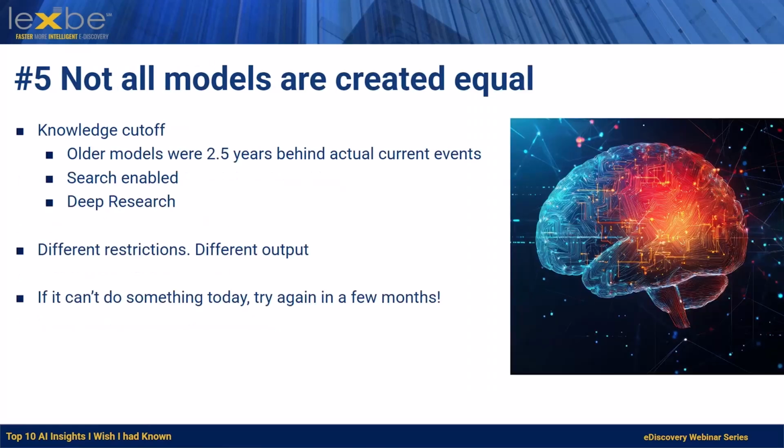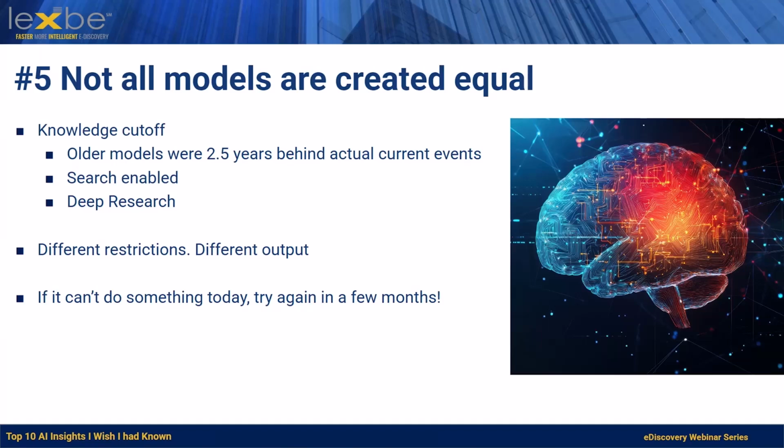All right. Number 5 I wish I'd known was that not all models are created equal, both from different vendors, but also from different versions within the same vendor. In the old days, meaning a year ago, there was a knowledge cutoff. It took about 2.5 years to get all the data from the internet and then put it into the model, train it, verify it.